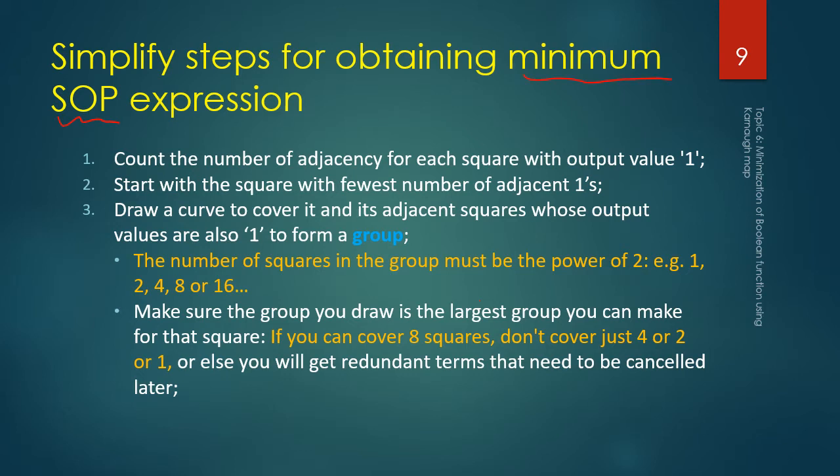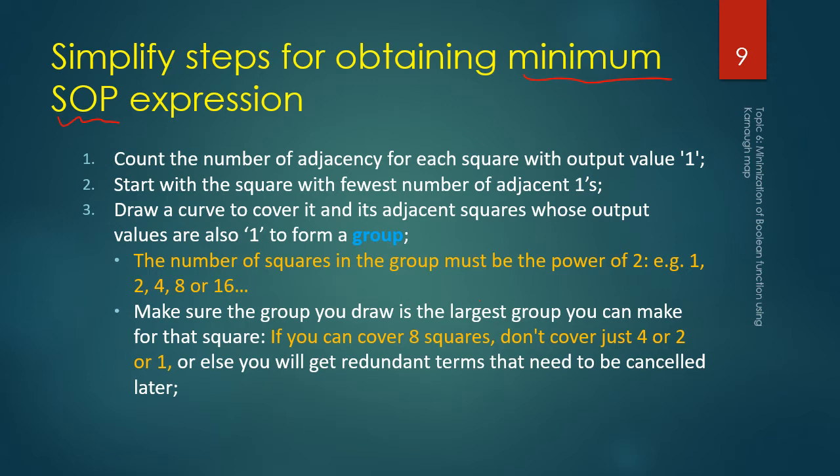We will talk about POS later. Whenever we talk about SOP, we know that we are looking at squares with value 1. So we find a square with 1 and count how many of its labels also have value 1.